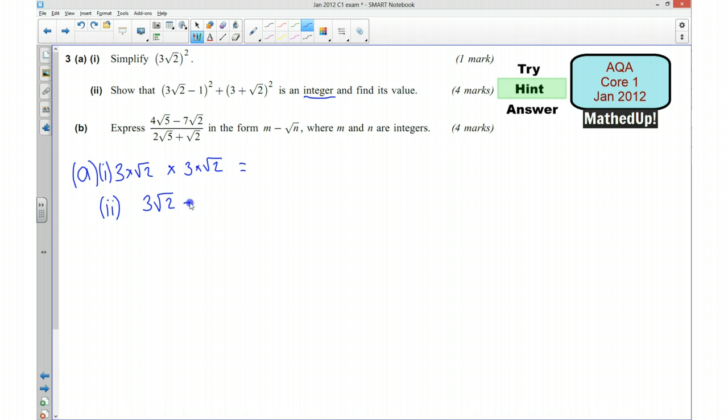So we've got 3 root 2 take away 1 times by 3 root 2 take away 1. So that's 3 root 2 take away 1 squared, and to that we want to add 3 plus root 2 times 3 plus root 2, and that's 3 plus root 2 squared.